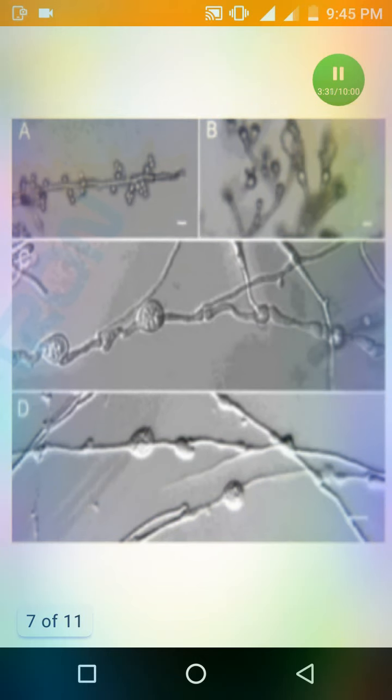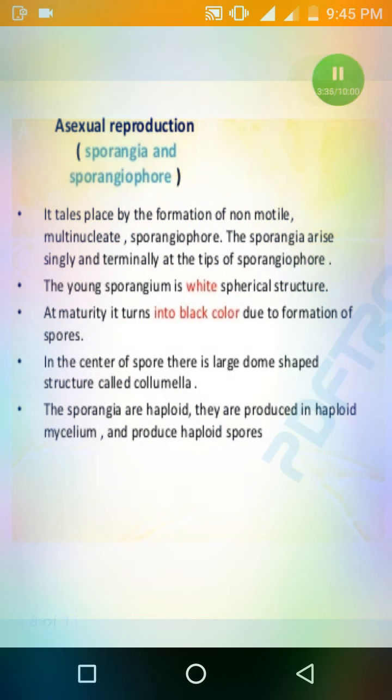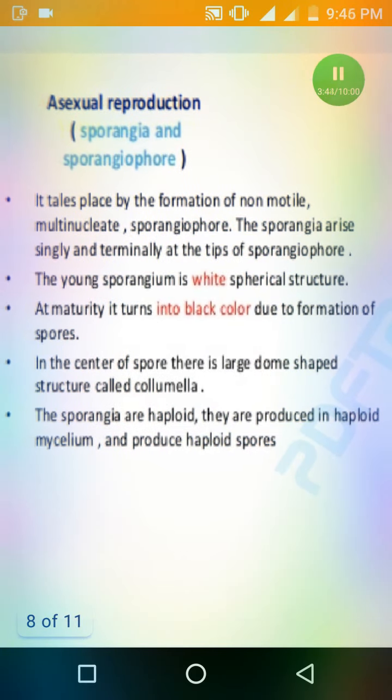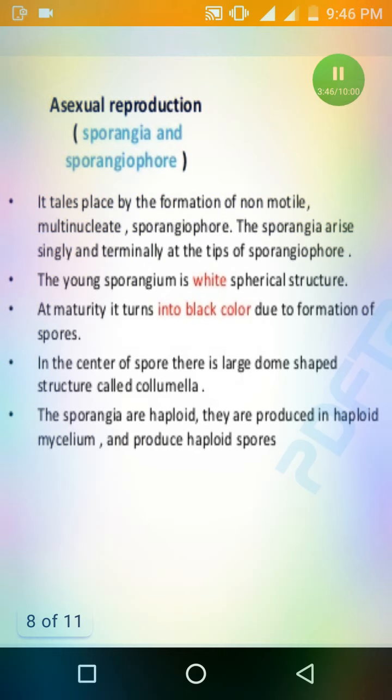What you see is a diagram of mycelium: first A, B and D. Asexual reproduction, sporangia, sporangiospores. It takes place by the formation of non-motile multinucleate sporangiospores.